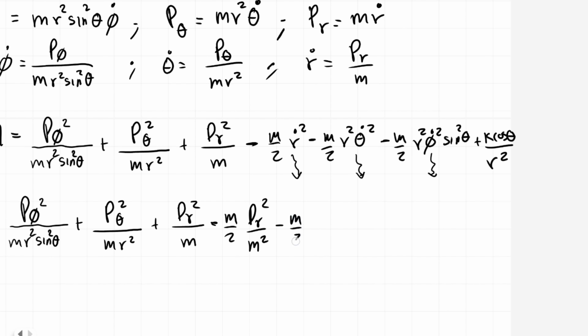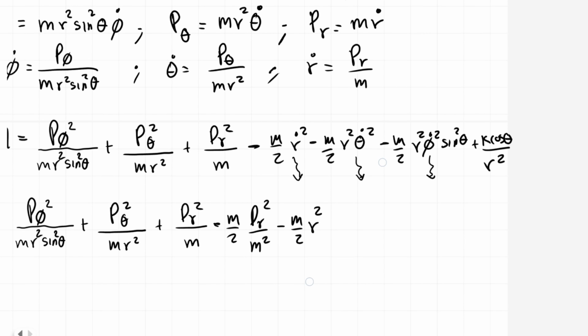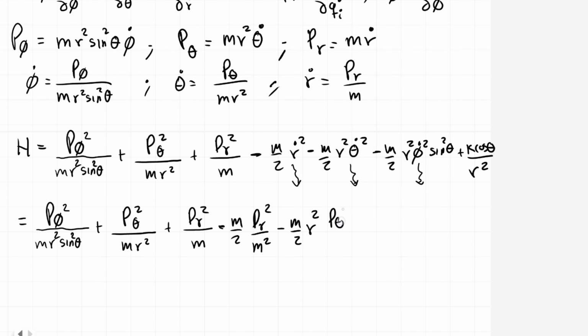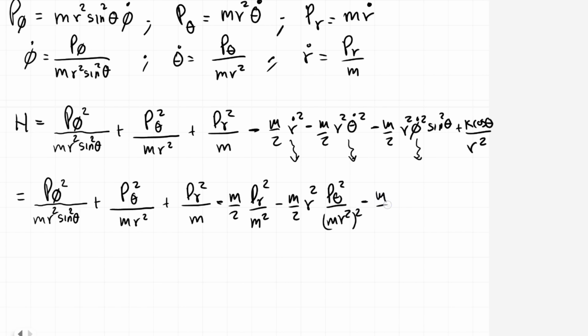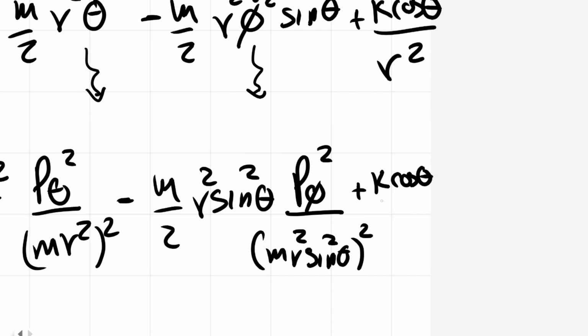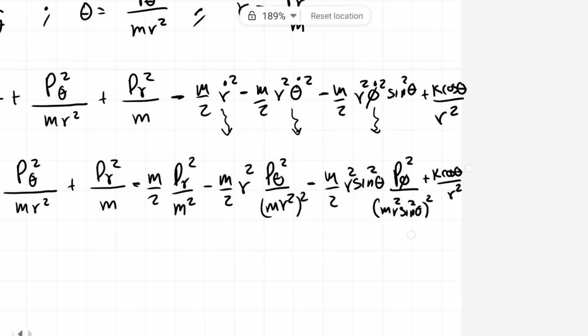Then minus m divided by 2 r squared theta dot squared, but that is p theta squared divided by m r squared squared, minus m divided by 2 r squared sine squared theta phi dot squared, but that is p phi squared divided by m r squared sine squared theta squared, and then plus k cosine theta divided by r squared.